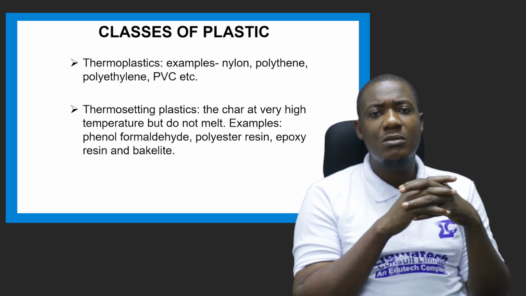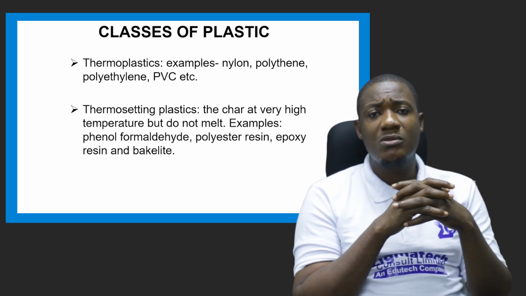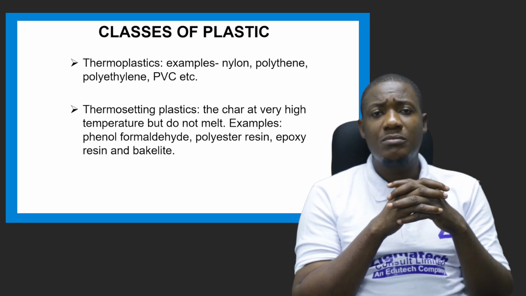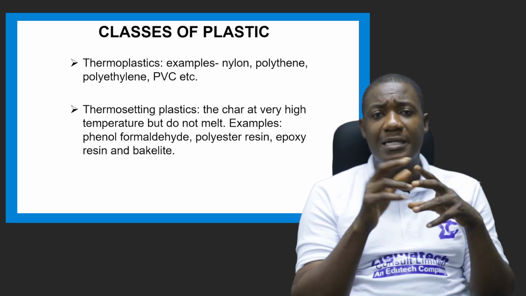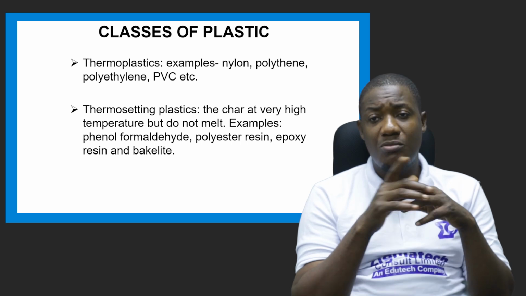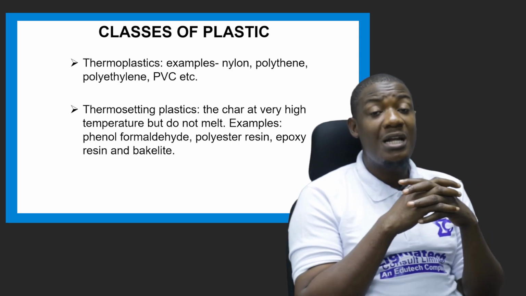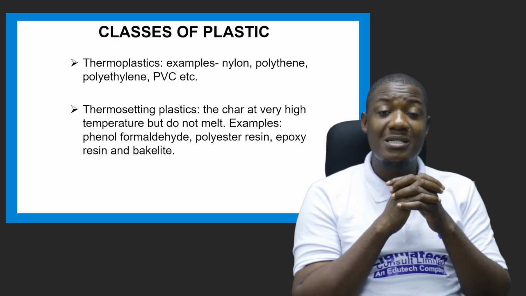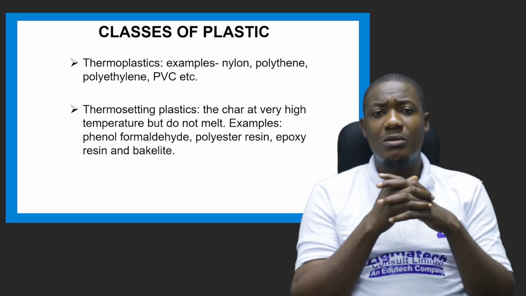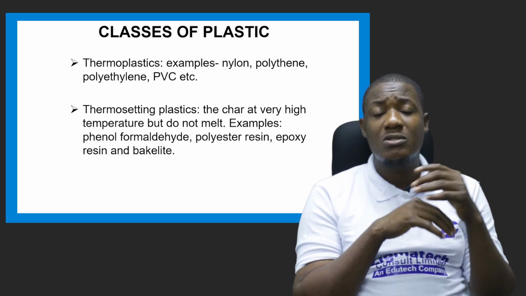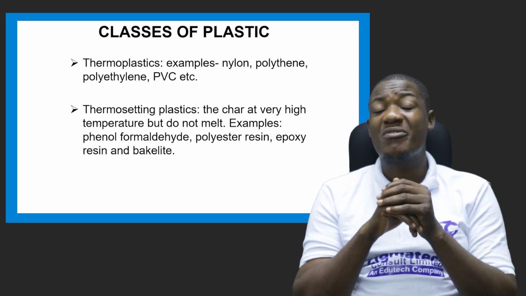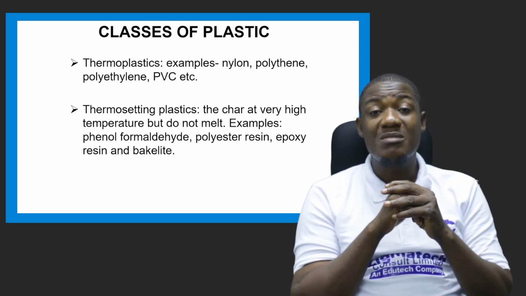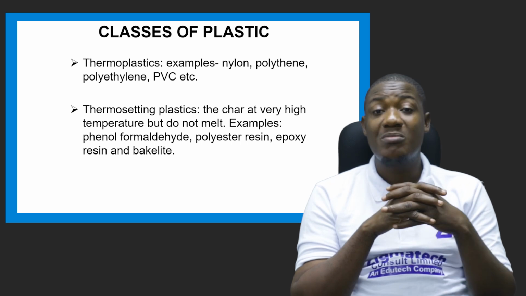etc. You can find some of them in products like buttons. A button is a thermoset. The handle of your electric laundry iron is a thermoset. The handle of some of your kitchen utensils, like your frying pan, is made of a thermoset. It does not melt.